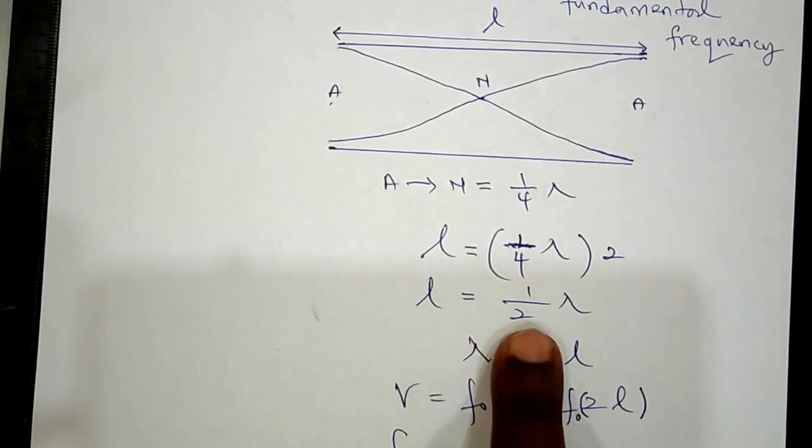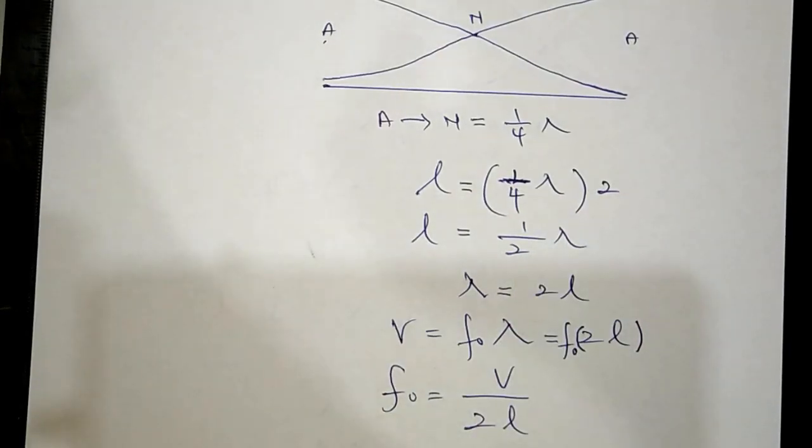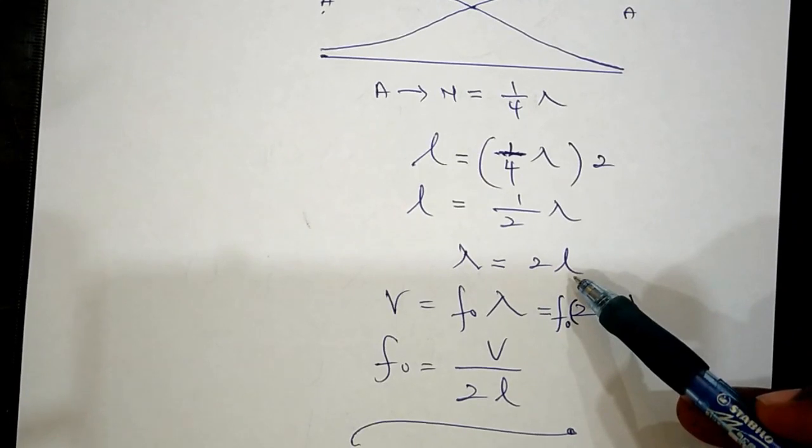So the length is half a wavelength. So then you get wavelength equals 2L.